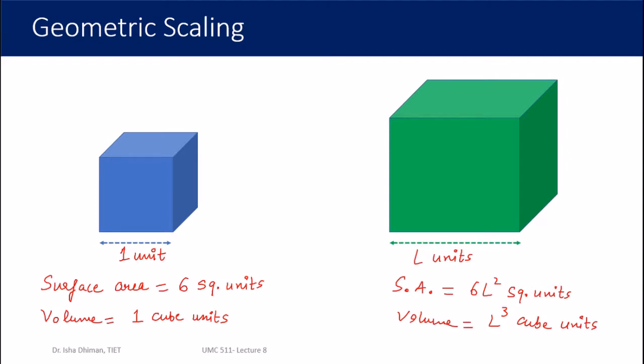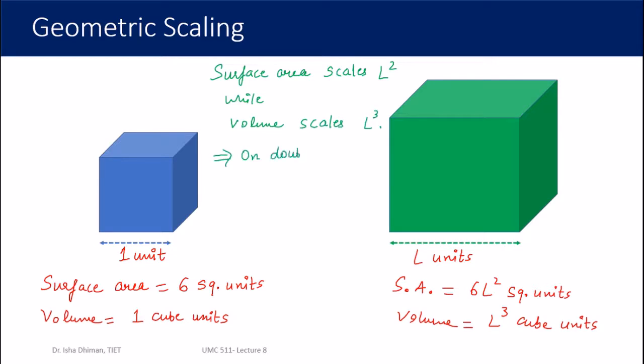As you move from the small cube to the big cube, there is some parameter which is controlling how your measurable quantities are going to change. Measurable quantities can be any, but here they are surface area and volume. So surface area is scaling with a factor of L square, while volume is scaling with a factor of L cube.